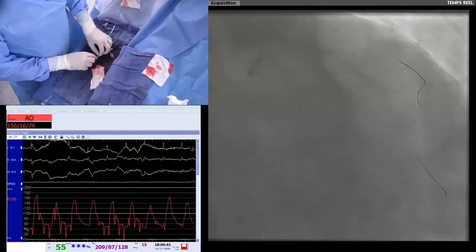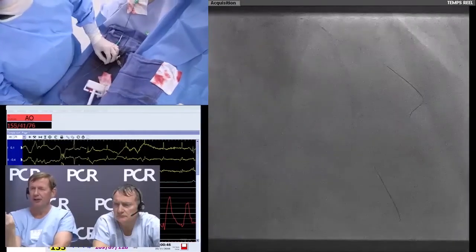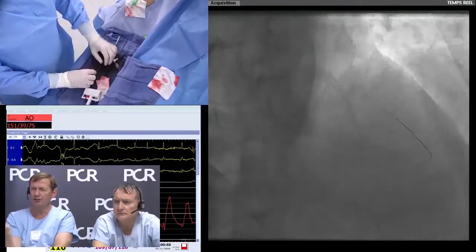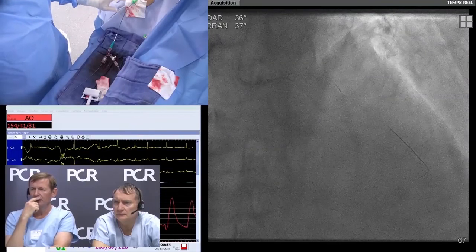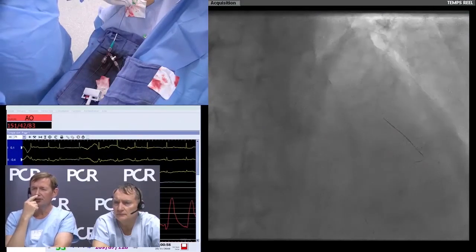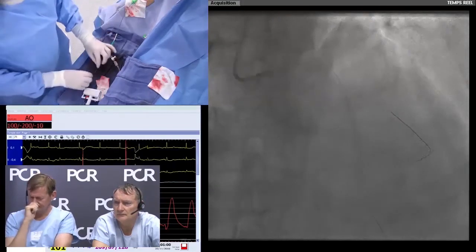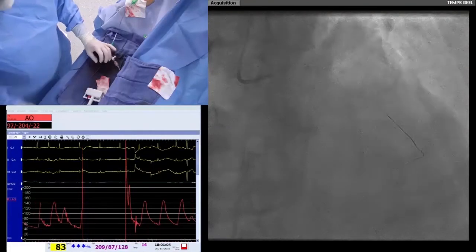It's a good point that you've got a lot of calcium, but in a very large caliber vessel. And yet the limitation perhaps of the rotational atherectomy system is the 1.75 or 2 millimeter burr. Are there other technologies you would consider, Emanuela? I think you're alluding to the lithotripsy balloon, I guess.